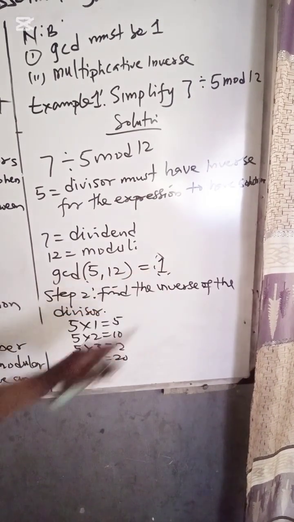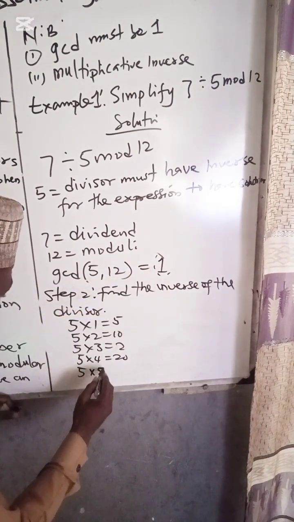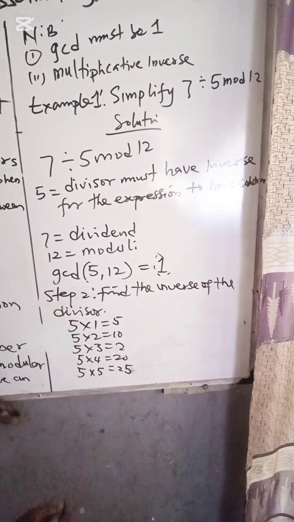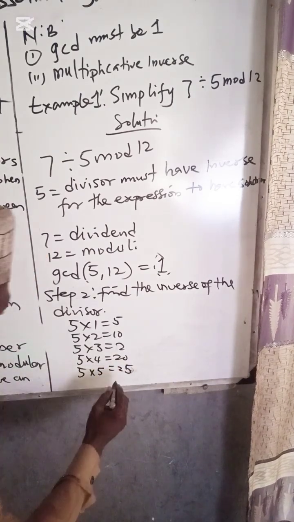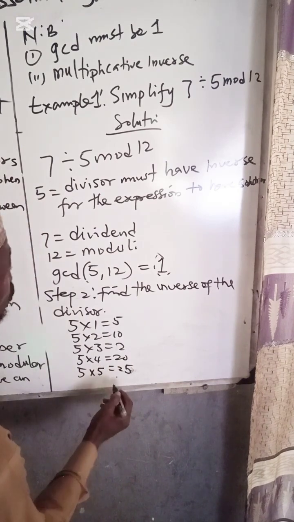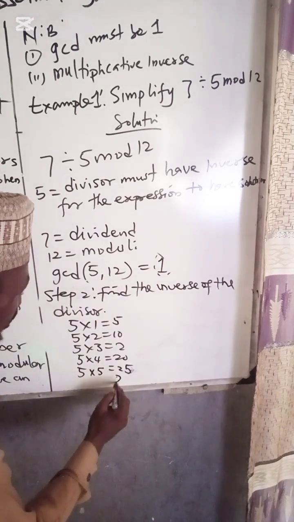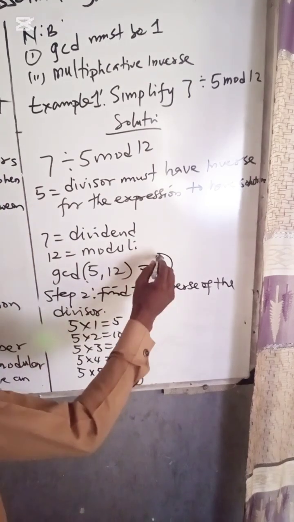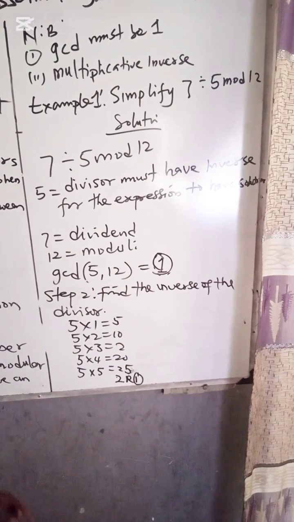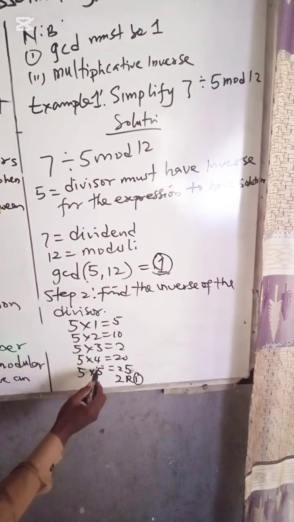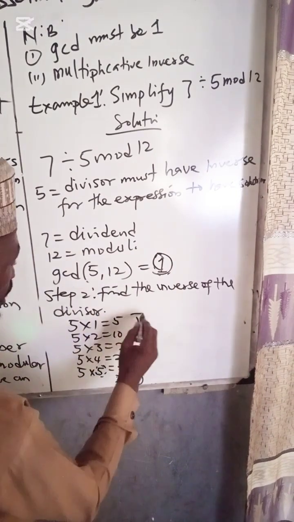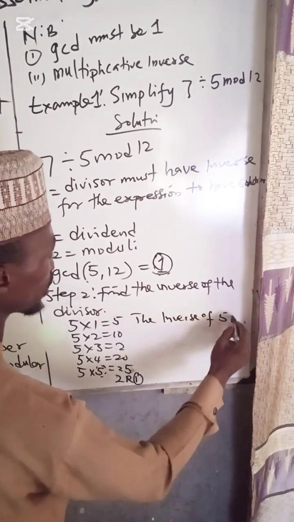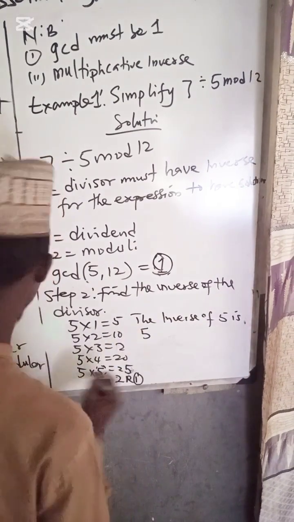Not 1 either. 5 times 5 is 25. 12 in 25 is 2 remainder 1. This goes along with the value of GCD. Therefore, the inverse of 5 is 5.